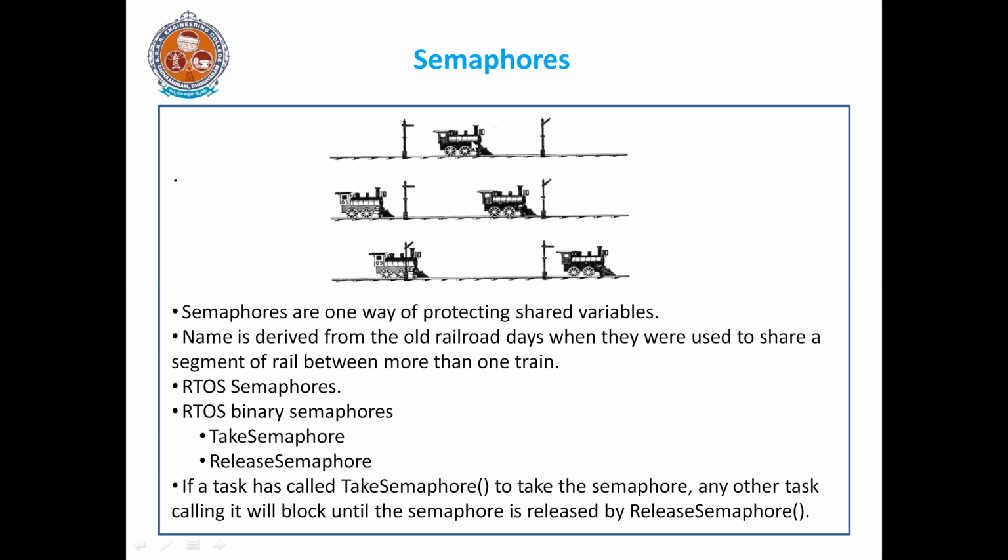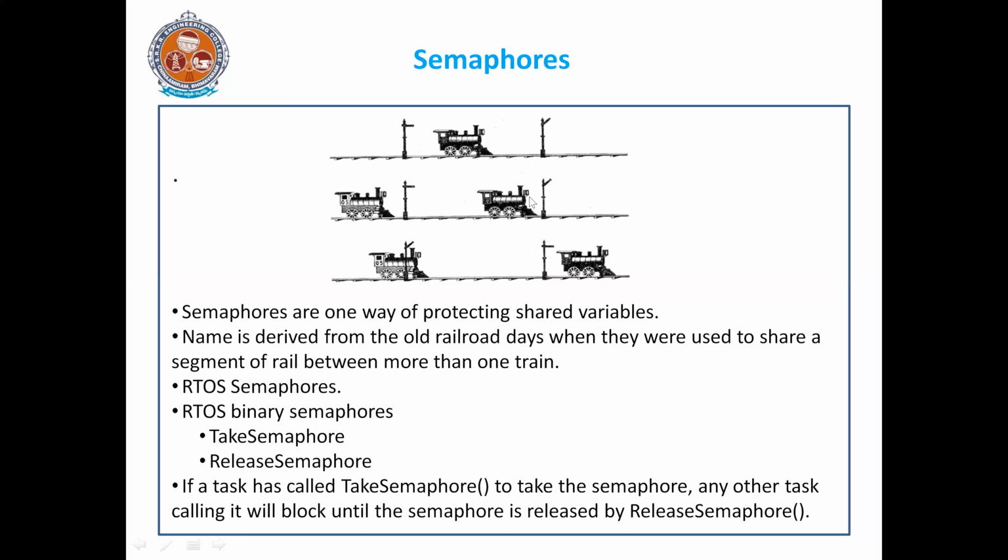So railway signals are called semaphores. For example, because this train is in this section, this semaphore is lowered. If another train arrives, because this is lowered, it should not enter the section. By seeing this signal, it will just stop here.